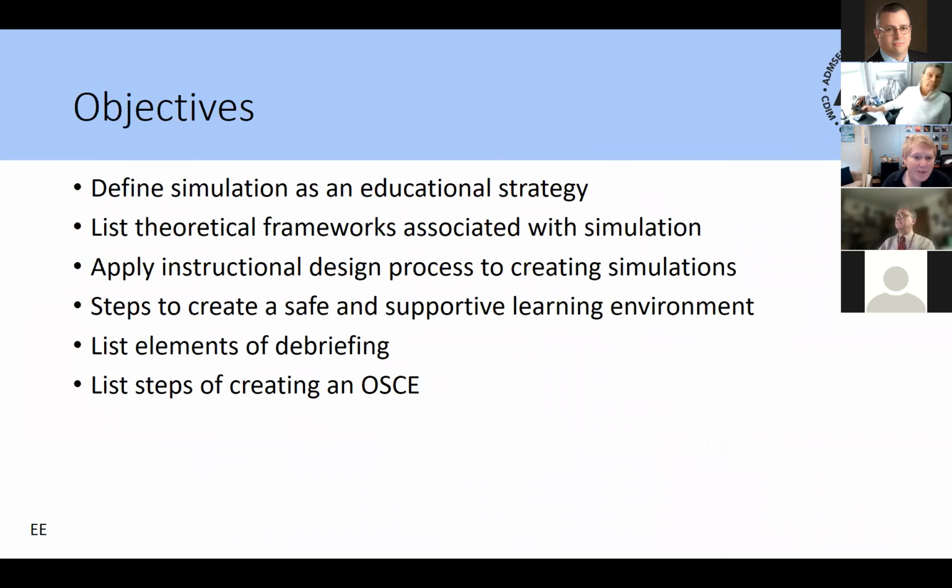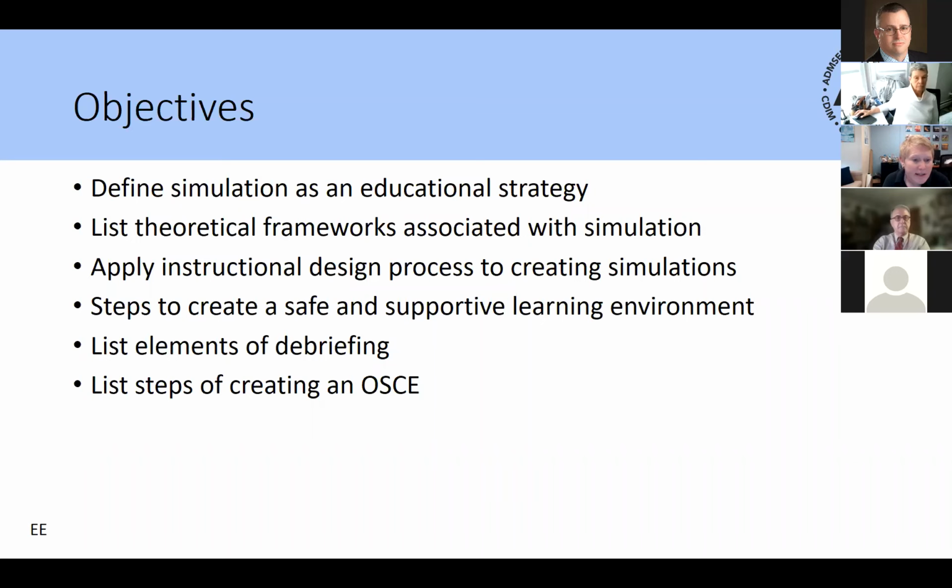So our objectives today for the group are, we're going to define simulation as an educational strategy. We're going to talk about some frameworks and list some frameworks associated with simulation. We're going to apply instructional design process to creating simulation. And we're hopefully going to provide you with steps to create a safe and supporting learning environment in the realm of simulation at your institution.